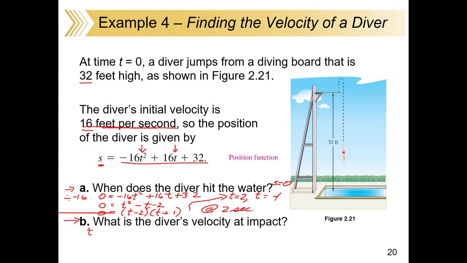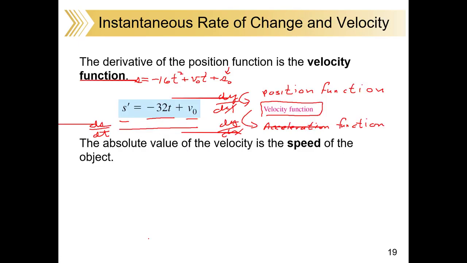Well, remember, we're at the 2 second point. And what did we say was the velocity function? The velocity function was what? Let's go back here and look. There we go. Negative 32t plus v0.